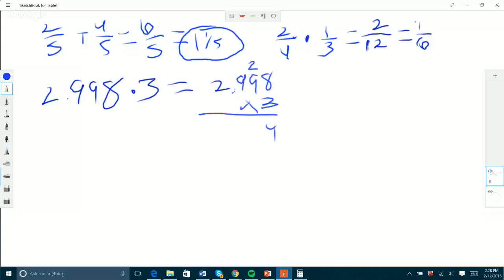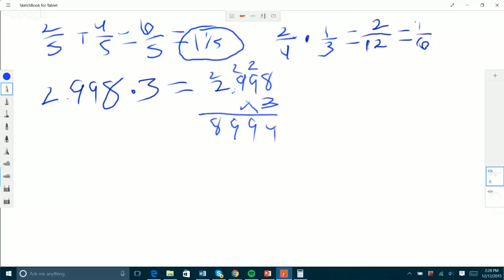Put 2 up there. 3 times 9 is 27. Plus 2 is 29. 27, 9. And another 2. 2 times 3 is 6. Plus 2 is 8.